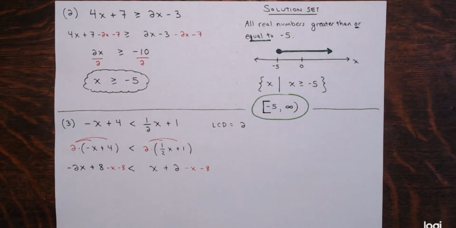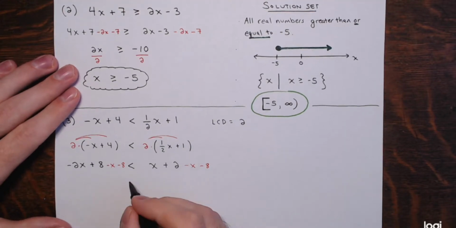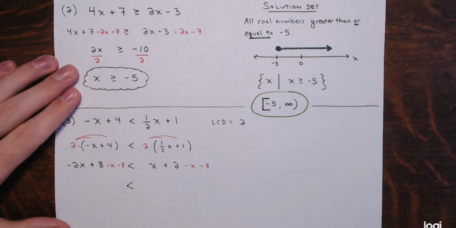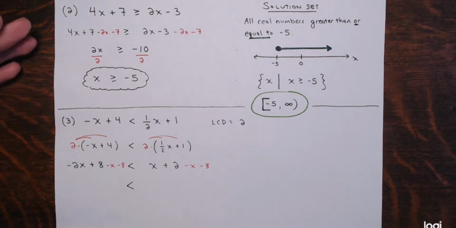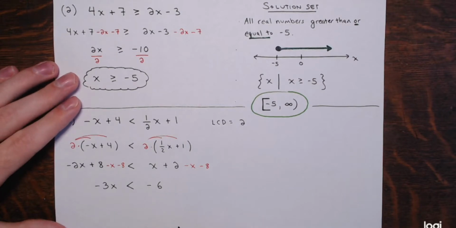Now once again, does the symbol flip? No, because I'm only adding and subtracting. Addition and subtraction does not change the symbol. That's the first thing I'm going to think about: will the symbol flip? Then I'll have -3x on the left, and 2 minus 8, -6 on the right.